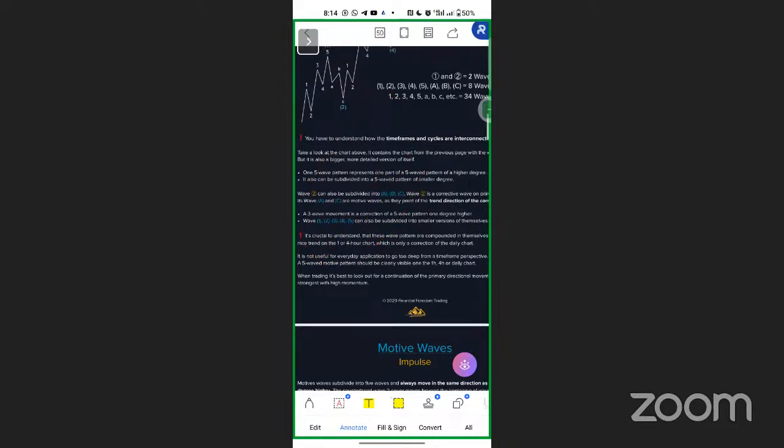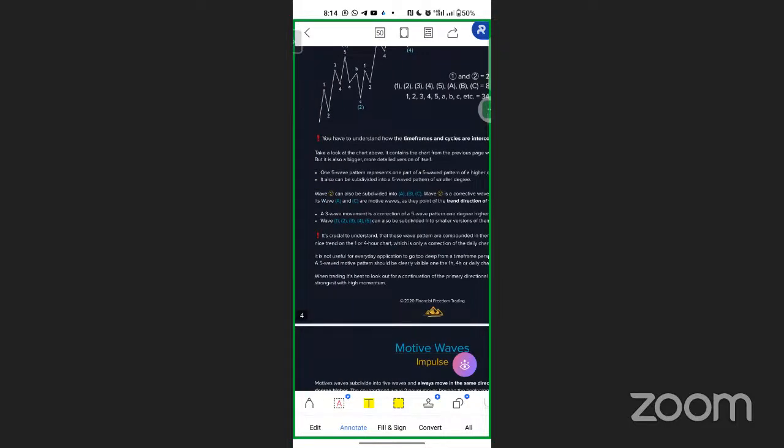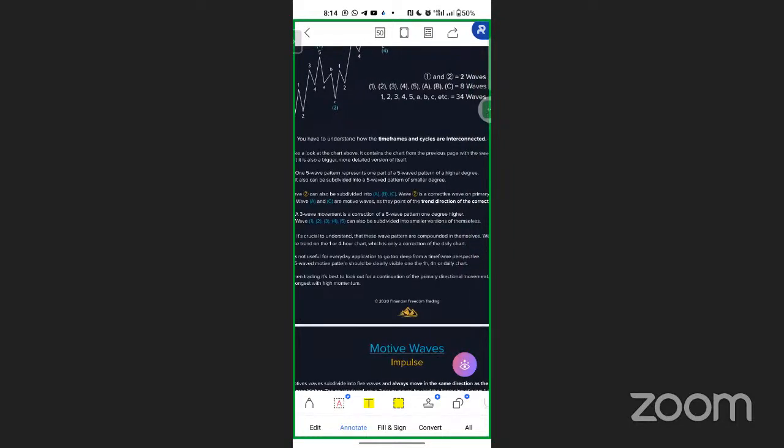Yet when you take this chart and look at it on the 1 day, it is a correction. So you should not get worried. It is not useful for everyday application to go deep from a time frame perspective, as the 5-wave motive pattern should be clearly visible in the 1 hour, 4 hour, or daily chart.